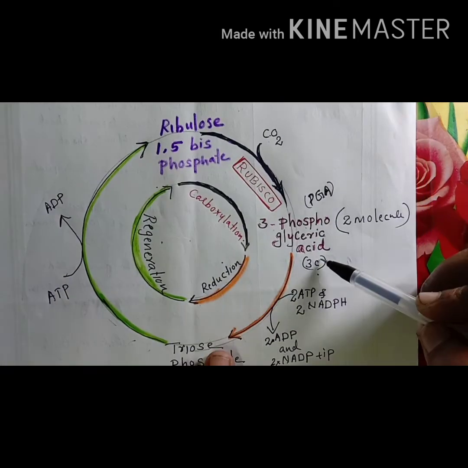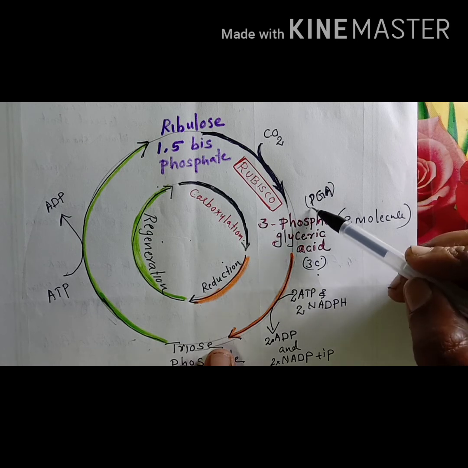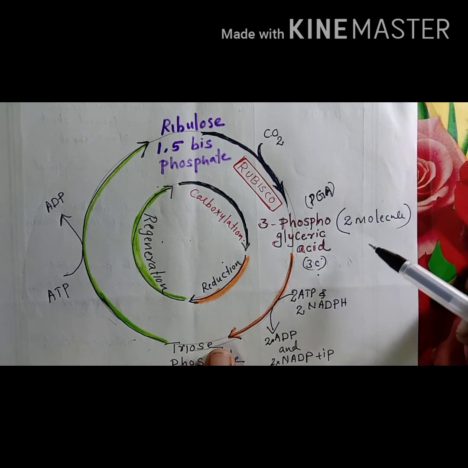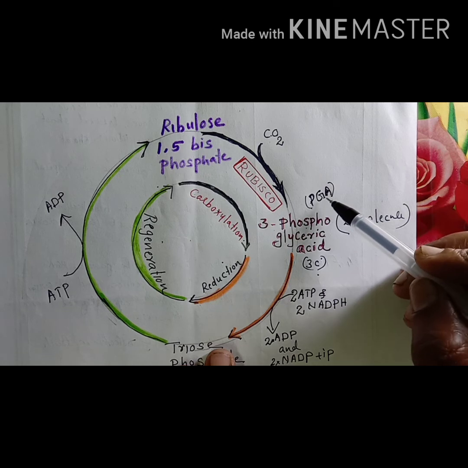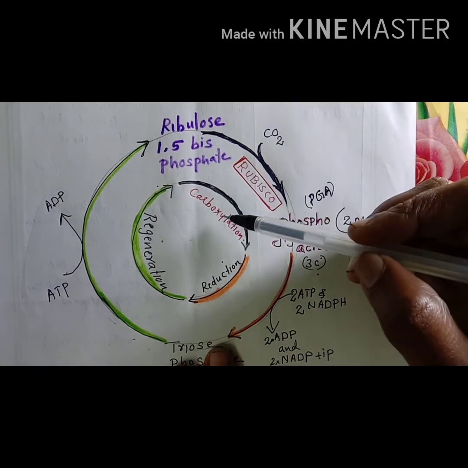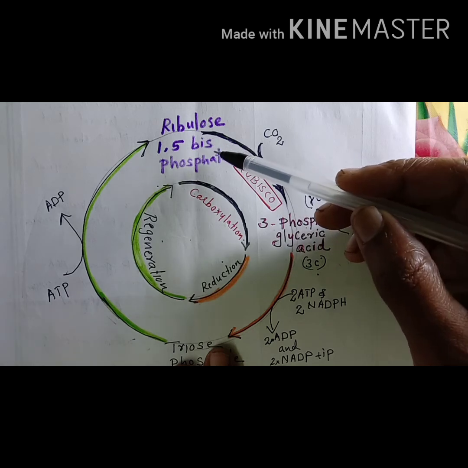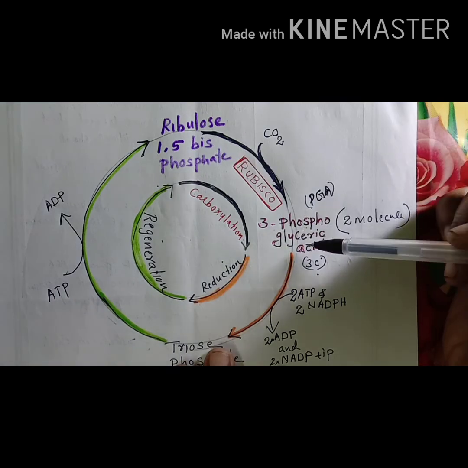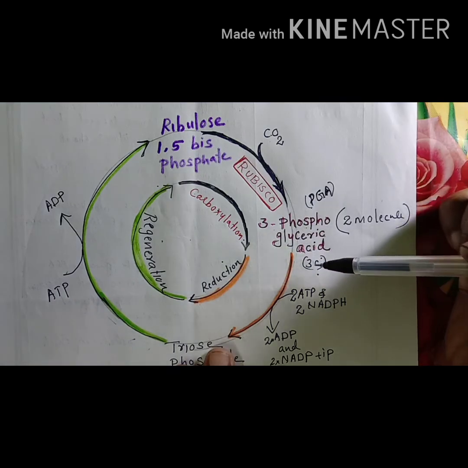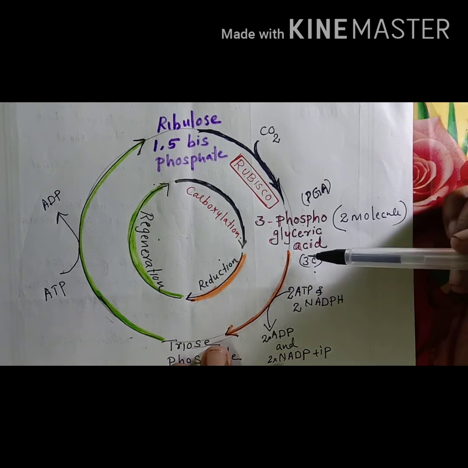The first stable compound formed is a 3-carbon compound, phosphoglyceric acid. Here 2 molecules of phosphoglyceric acid are formed. So this step is called carboxylation.